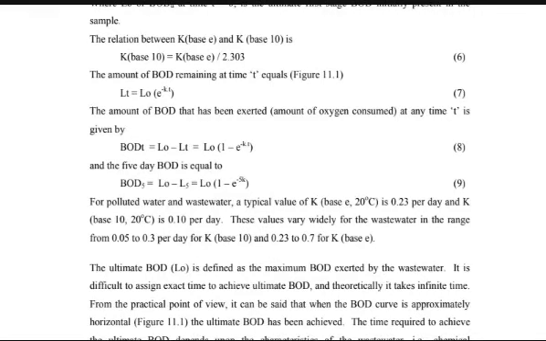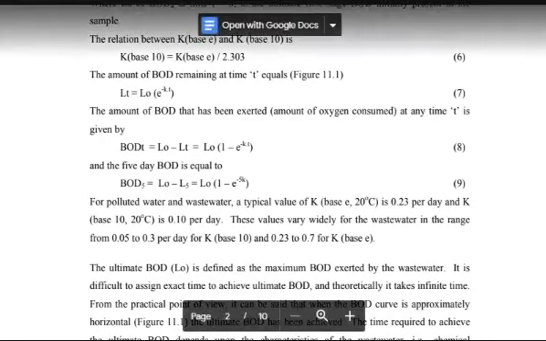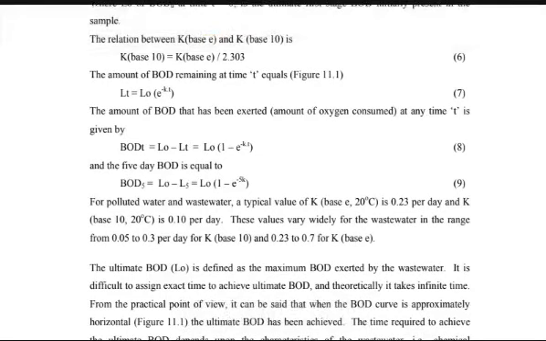We make changes in it and write the formula as BODt equals L0 into 1 minus e raised to the power minus kt. Forget about the middle part. So BOD at any time t equals L0 into 1 minus e raised to the power minus kt. You write this formula.